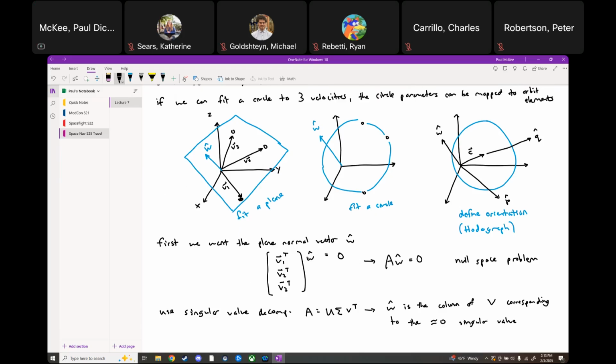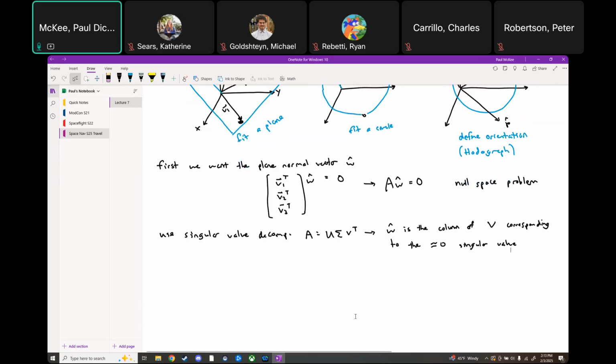So what you'll find is that the singular values, which are basically a beefed up version of the eigenvalues, right? You're going to have an eigenvalue that's basically 0. You're going to say, well, here's a vector along which my matrix doesn't do anything. It just zeroes it out. And then just find that vector, and that's your W vector.